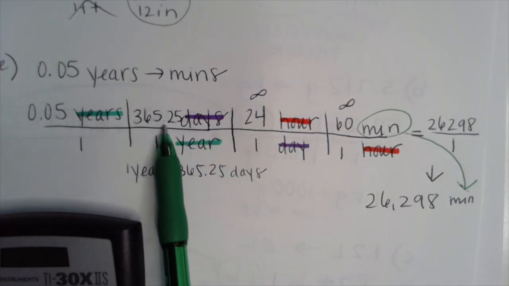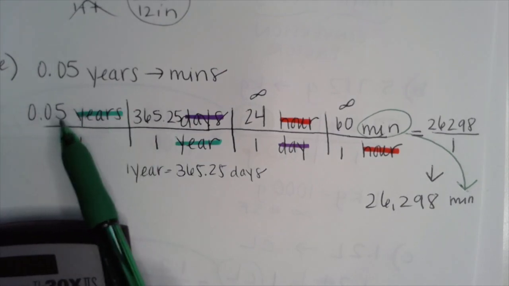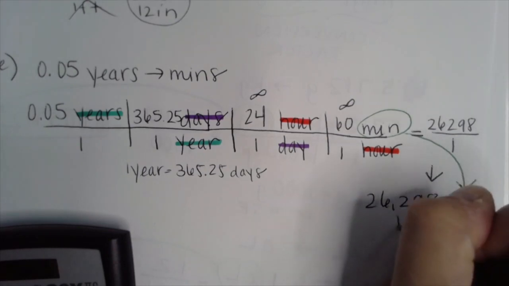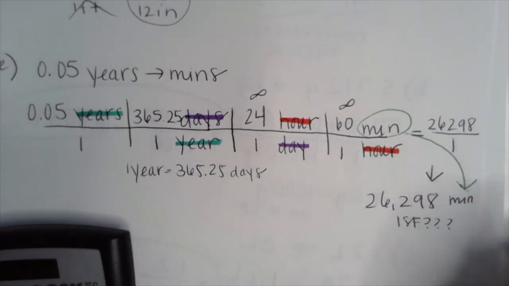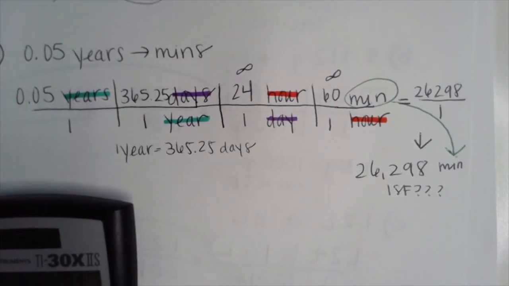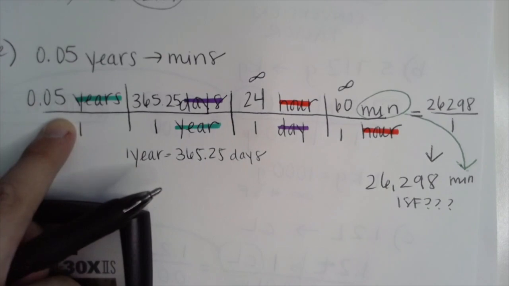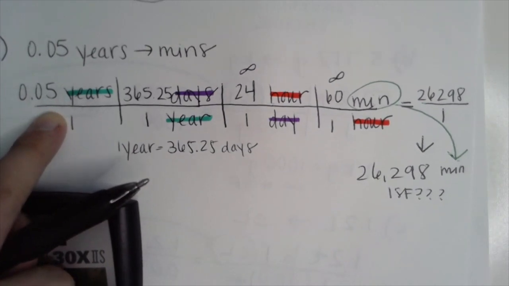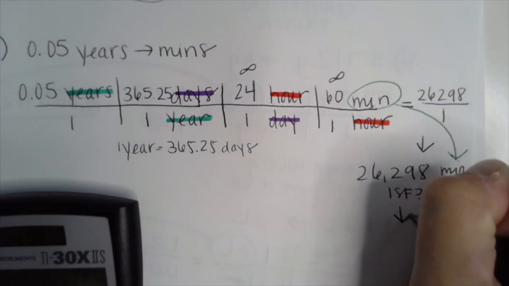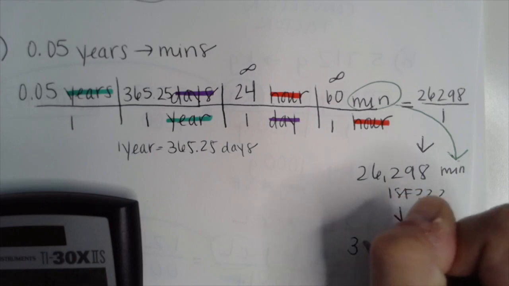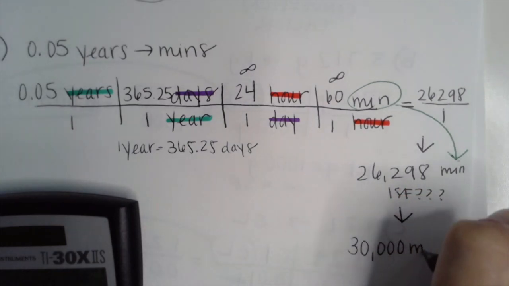We said before this has 4 significant figures, but the initial measurement that I've given has only 1 significant figure. So how do I make this answer have only 1 significant figure? It's a big round. It's a very big round, but the reason why we can round it so much is because this initial measurement really isn't that exact. Therefore, we would want to round 26,298 to have 1 significant figure, which would mean my final answer is 30,000 minutes.